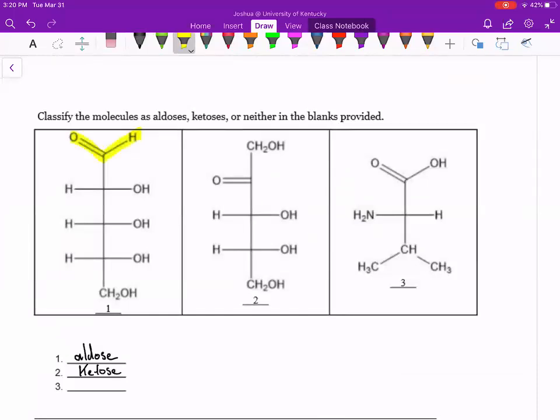And 3 is neither. Notice the top portion of the molecule is a carboxylic acid. That's an amino group. That is an amino acid.